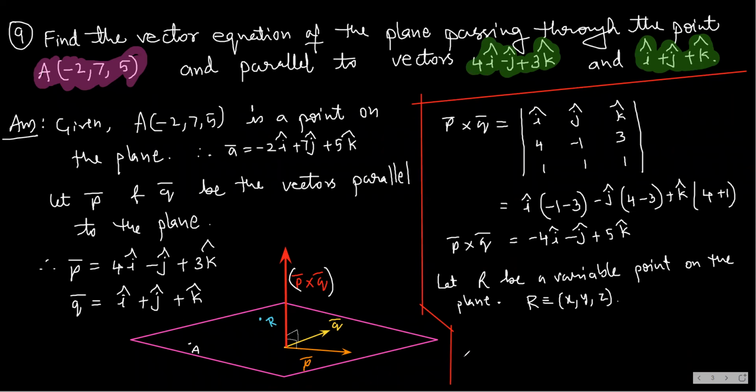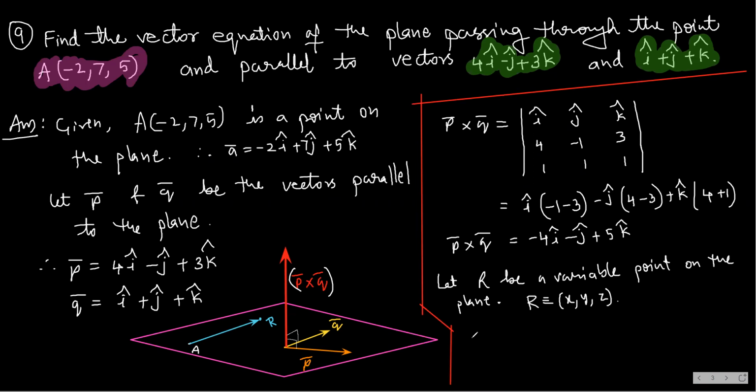So next step, if point A and R both are on the plane, then AR bar is also on the plane, so AR bar will be perpendicular to P bar cross Q bar.